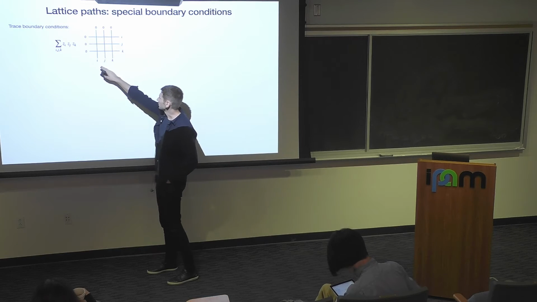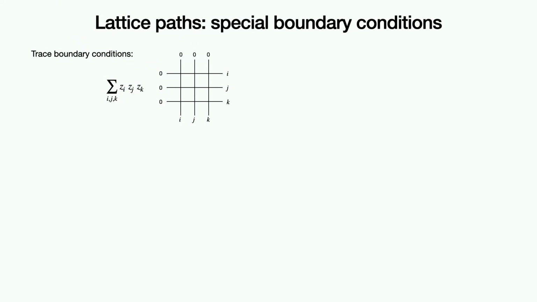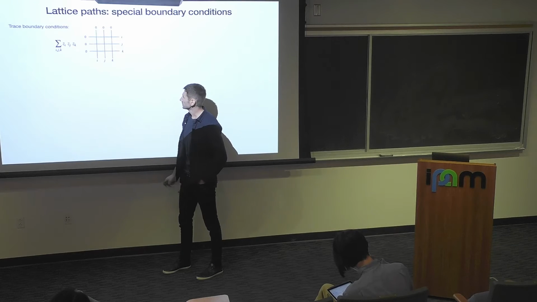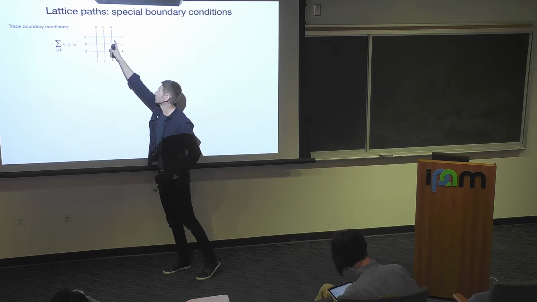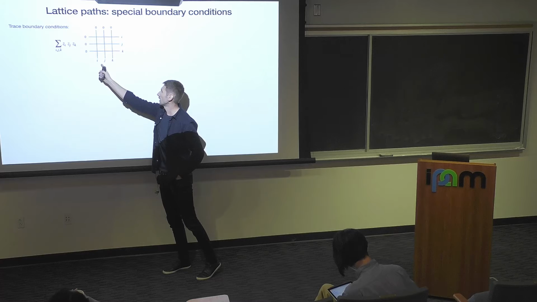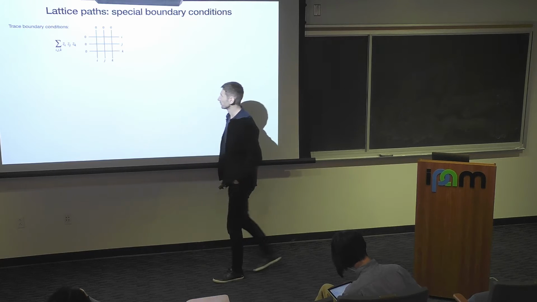But the important part here is that i matches with this i, and this j matches with this j, and k matches with this k. So this is like a trace. Whatever path is here, it has to end up over here, i, unless it coincides with j.